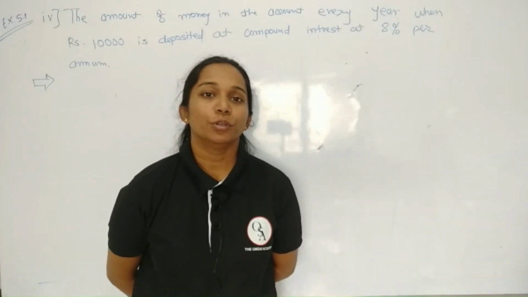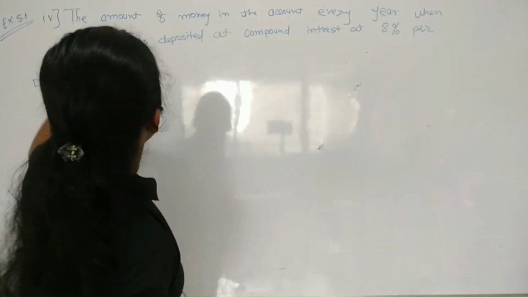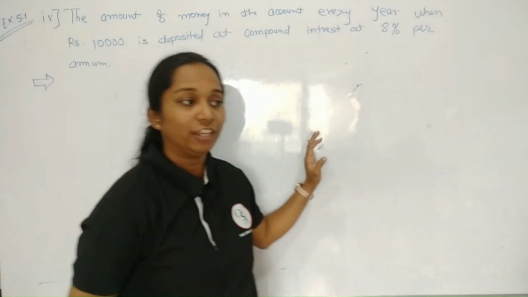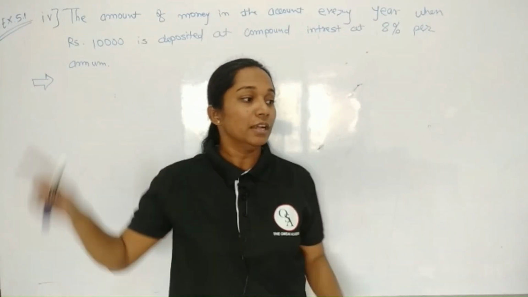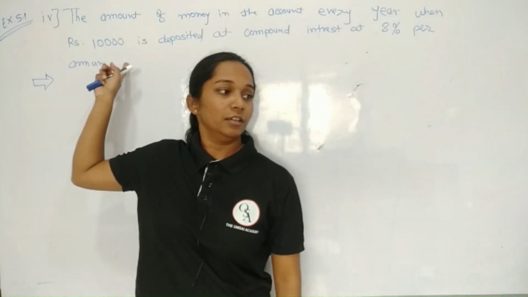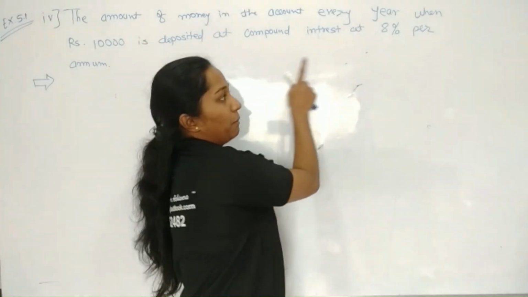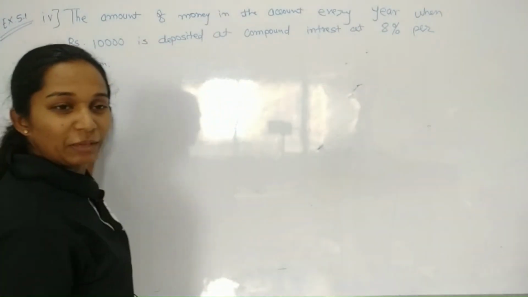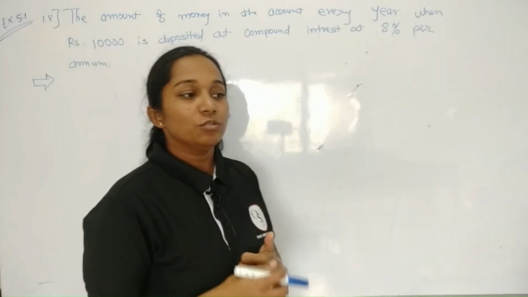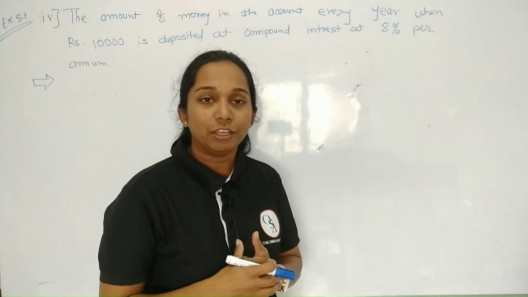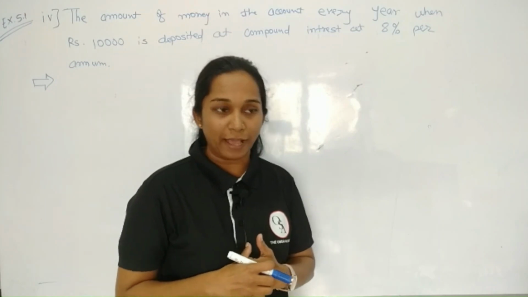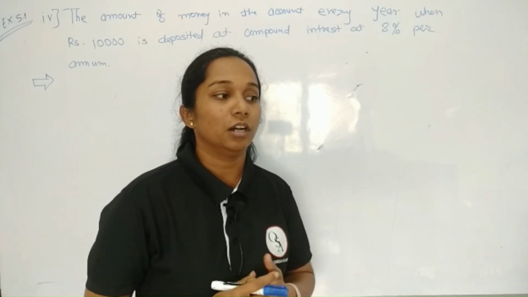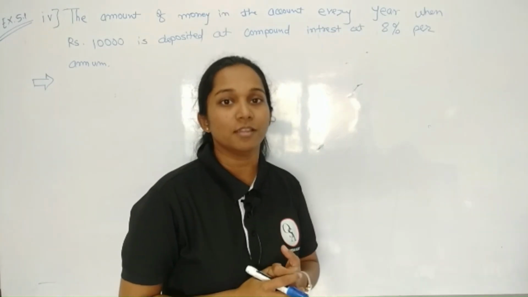Now the fourth example is the amount of money in the account every year when rupees 10,000 is deposited at compound interest 8% per annum. So we deposit 10,000 rupees in a bank, and on that, every year 8% compound interest applies.